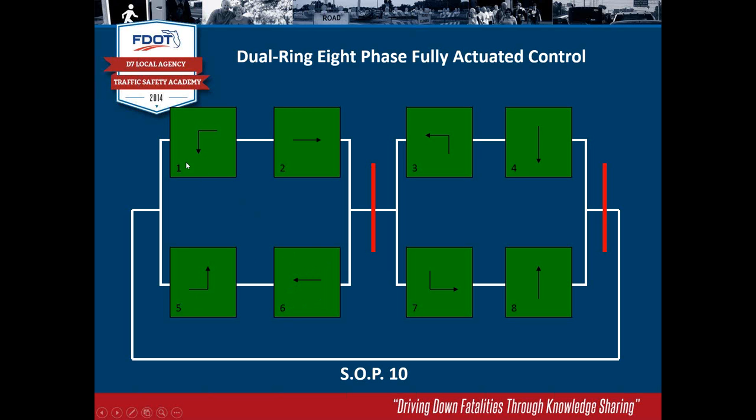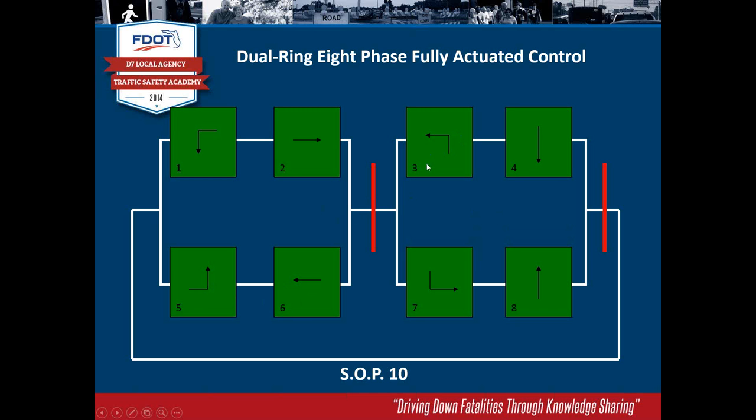Again, no conflict there at all. And so, 1 can operate with either 5 or 6, and likewise 2 can also operate with either 5 or 6. And so as long as we stay on the proper side of the barrier, we have no conflict with either of the things we're displaying in ring 1 or either of the things we're displaying in ring 2. Then you cross the barrier together.